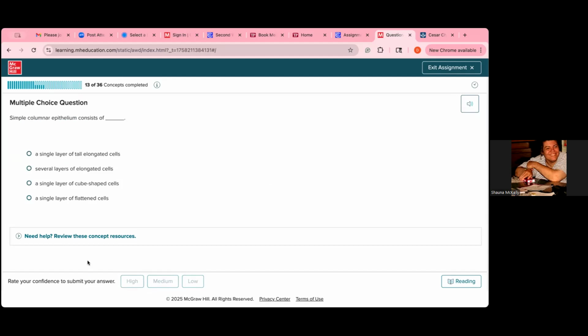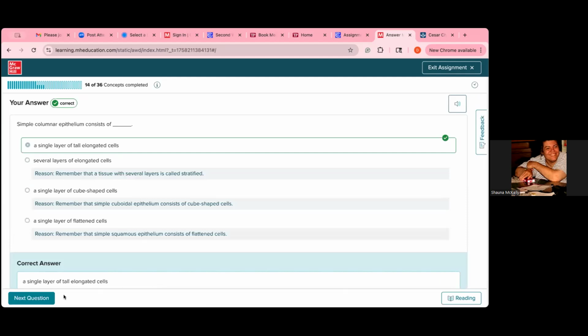So it's a single layer of tall, elongated or stretched out cells. So it's the first one. Good job.